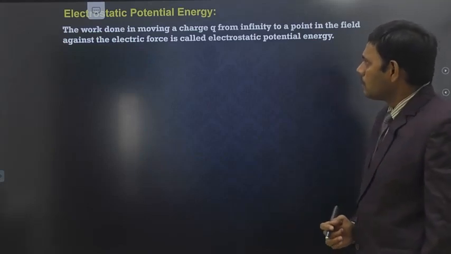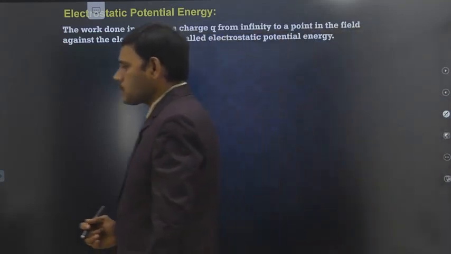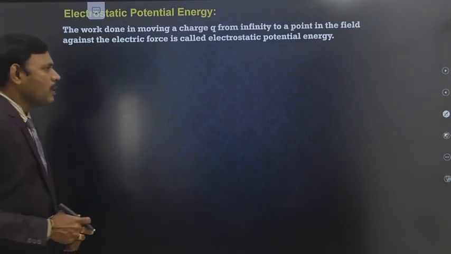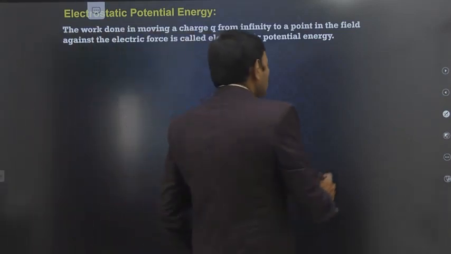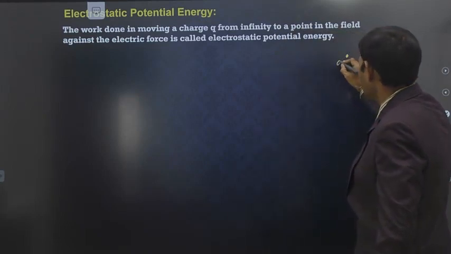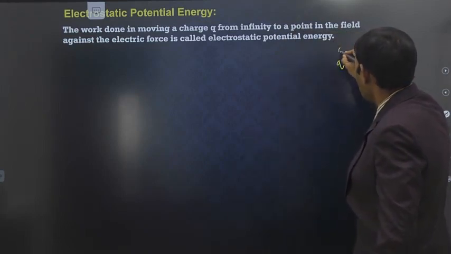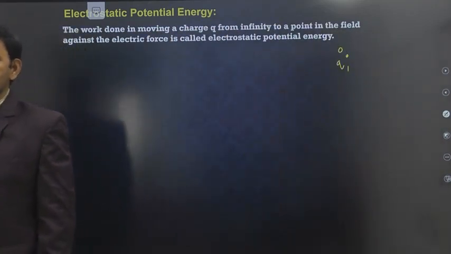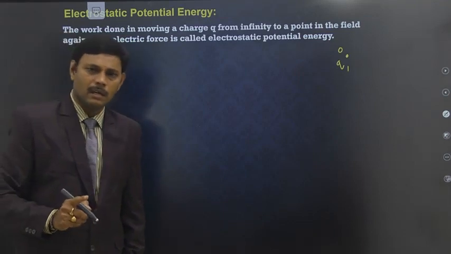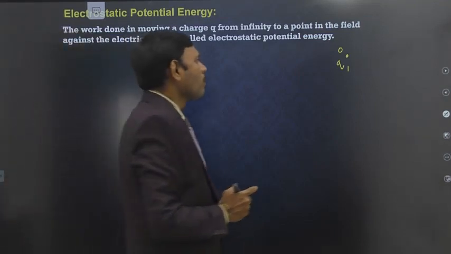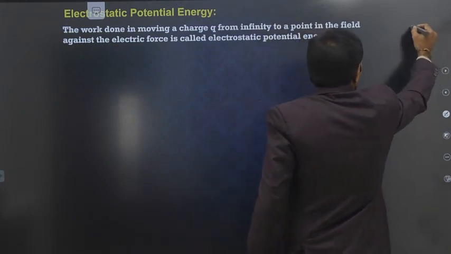So next one, electrostatic potential energy. The next concept is regarding the energy. Suppose we have some charge Q1 at any point O. Let Q1 be a positive point-sized stationary charge at O. We would like to bring another charge.